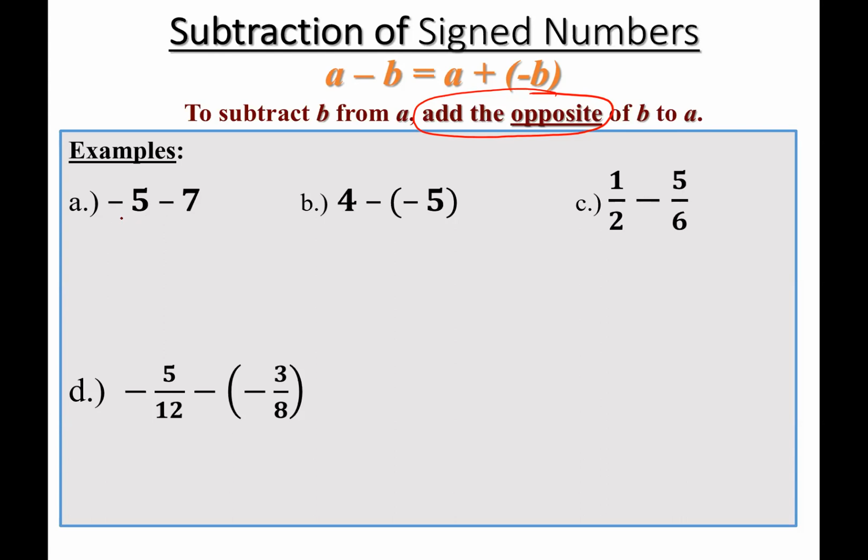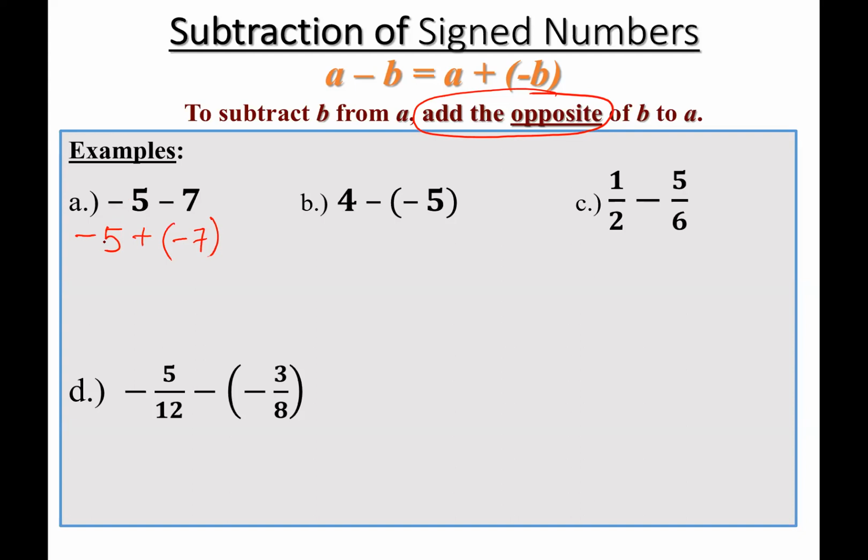So here's our first example, -5 minus 7. What we can do is rewrite this as -5 plus -7. Those two expressions are the same, okay? If you need a little phrase to go with it, "keep, change, change" is one way to phrase what we're doing.